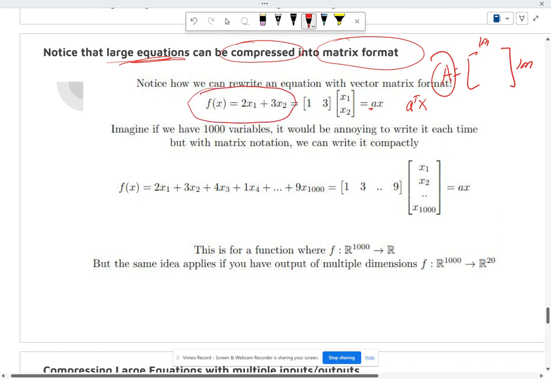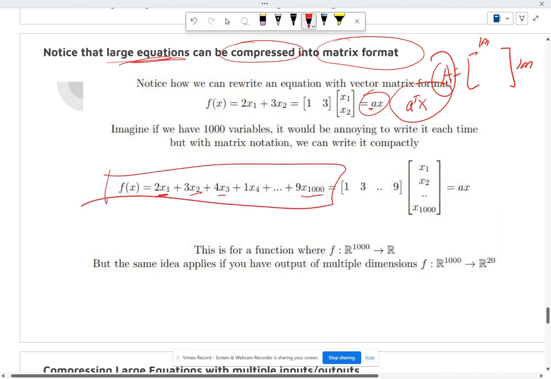So you have two ways of representing a function now. One way like this, which is the traditional one that you see a lot. But of course, this gets very complicated if it's very, very large. And the second way is you can represent it like this. So an example of that is, imagine you have multiple variables, x1, x2, x3, all the way to x1000. You don't want to write this because, well, it's just a pain.